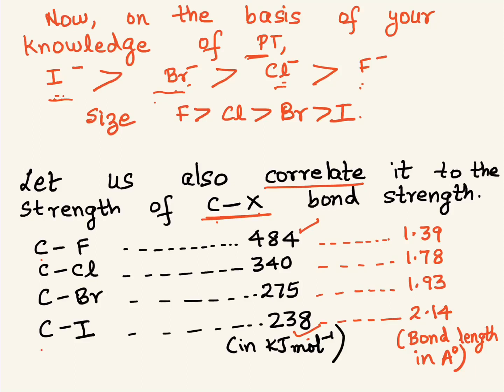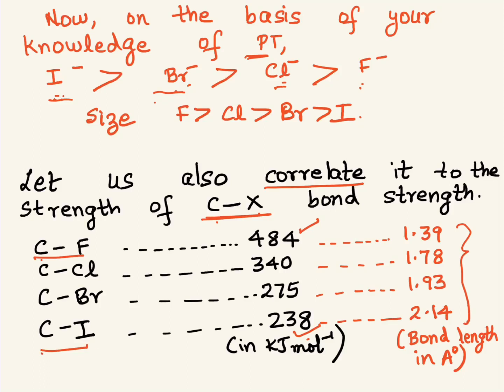In other words, the bond between a carbon and an iodide is easier to break as compared to a bond between carbon and fluoride. This can also explain the bond length.